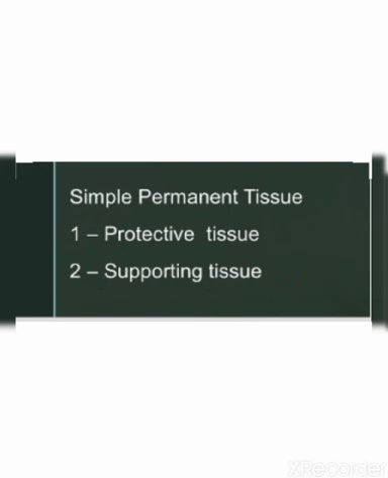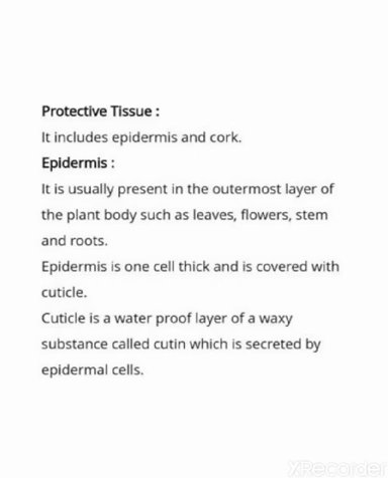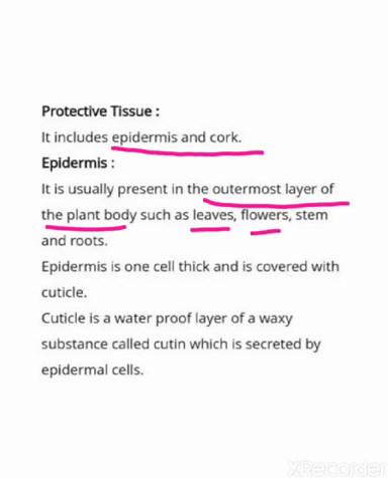First one is protective tissue and the second one is supporting tissue. Clear, students? Protective tissue and supporting tissue. The protective tissue includes epidermis and cork. Epidermis is usually present in the outermost layer of the plant body such as leaves, flowers, stem and roots.